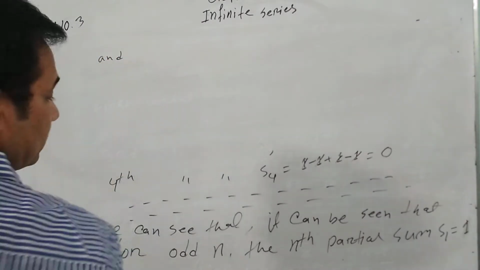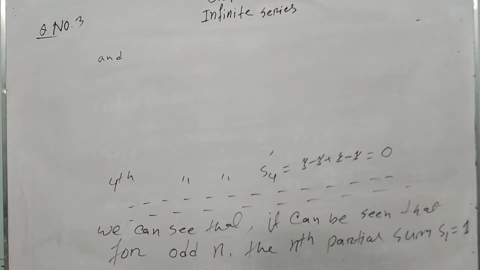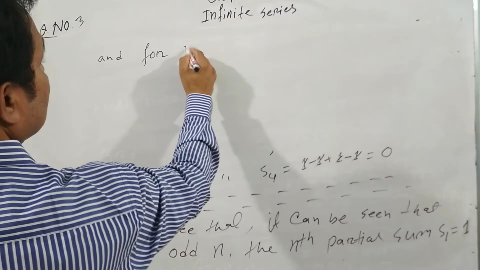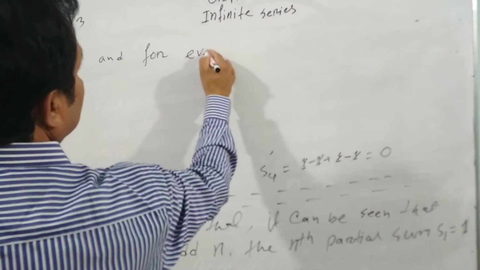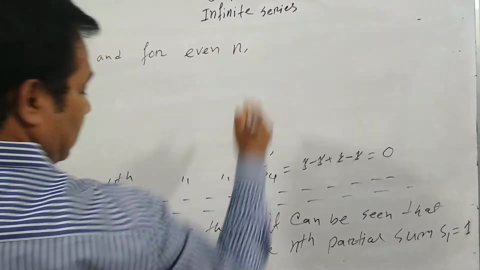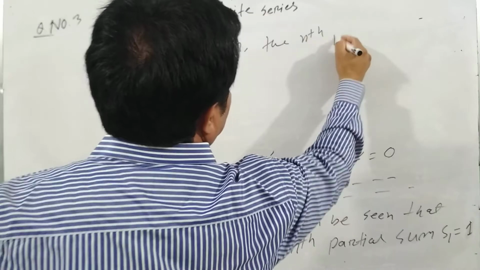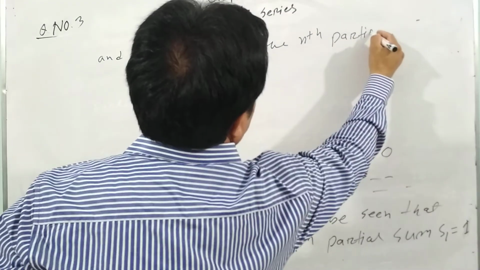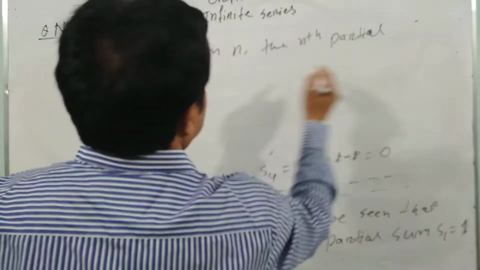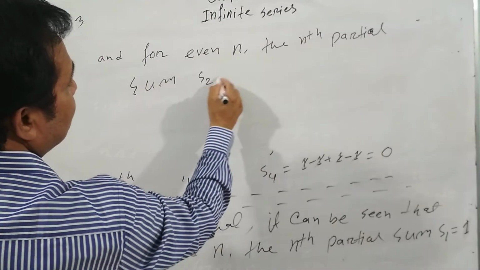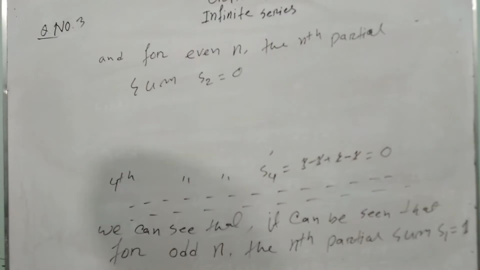And for even n, the nth partial sum is equal to 0.